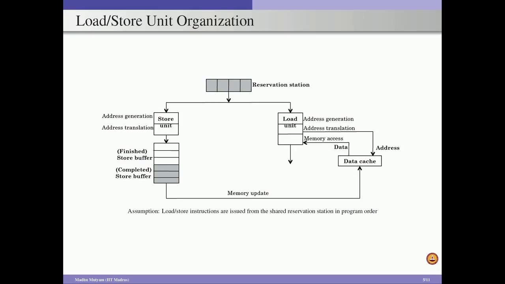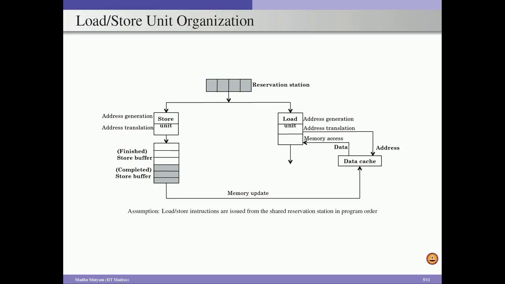Whenever the data cache or the memory is available, we select one instruction from this store buffer in program order and write it to the data cache or the memory. So the store buffer works in FIFO order, because we already discussed in the previous lecture that all the store instructions are executed in program order. As a result, we always select the instructions in the store buffer in FIFO order.